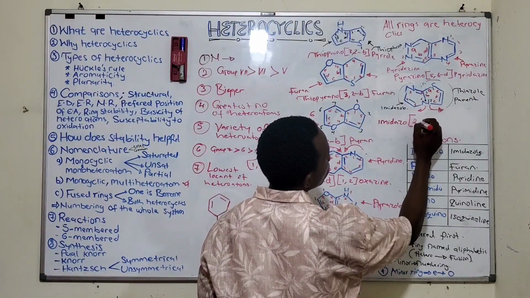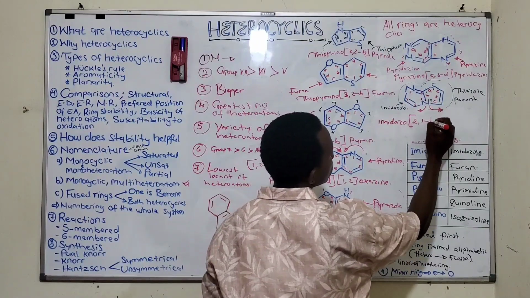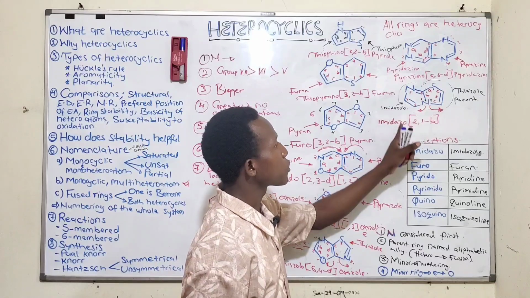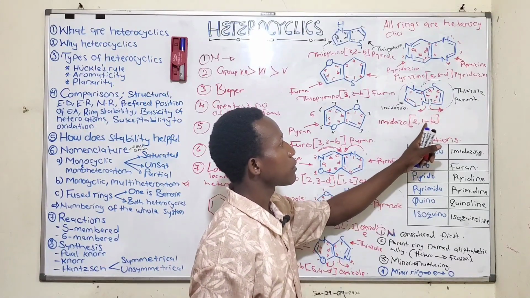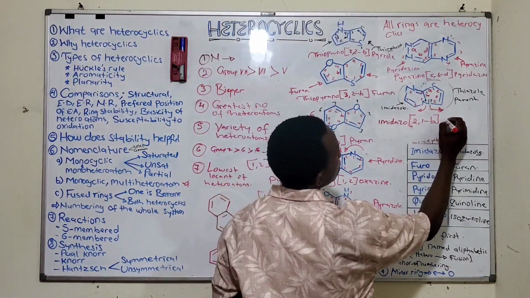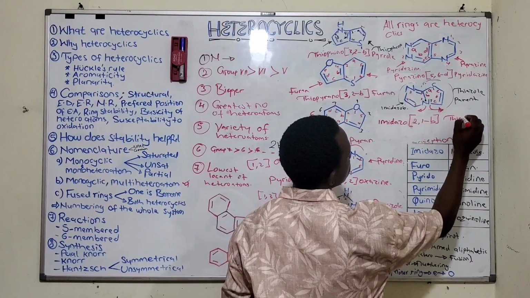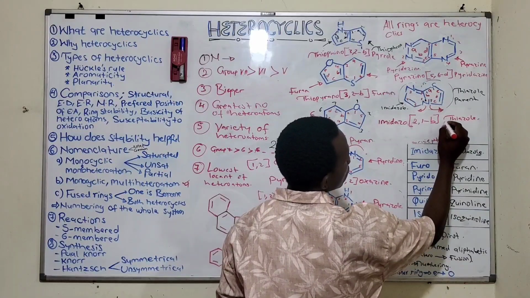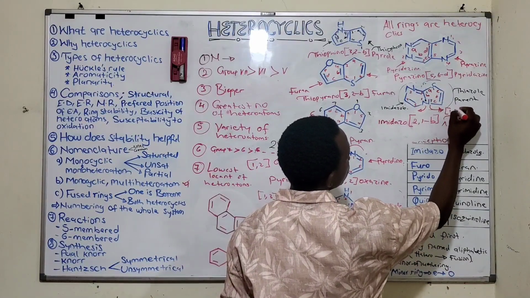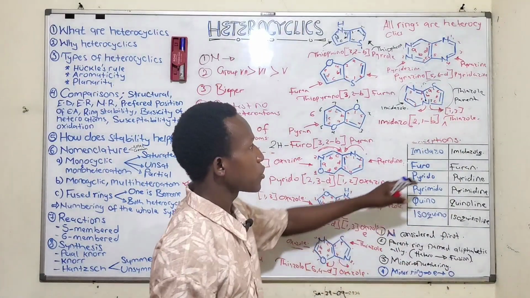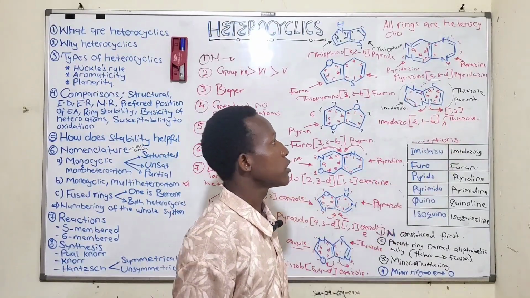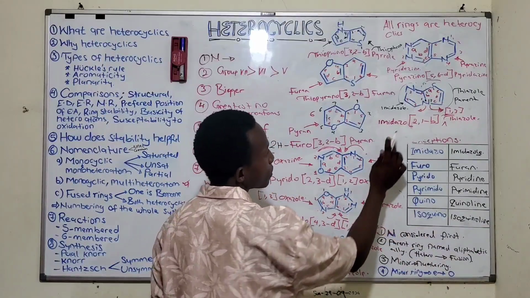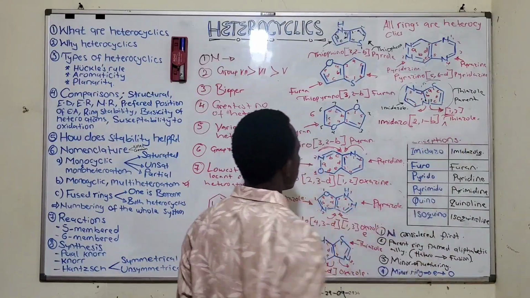So this one will be 2, 1, B. So it is imidazo 2, 1, B thiazo. Sometimes they put here 1, 3, thiazo. But of course, for thiazo, it is at position 1 and 3. So there's no need to put this. Even if you put it, it remains the same. So it is imidazo 2, 1, B thiazo.